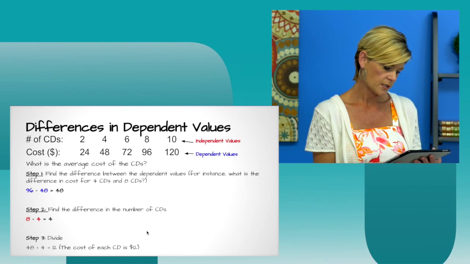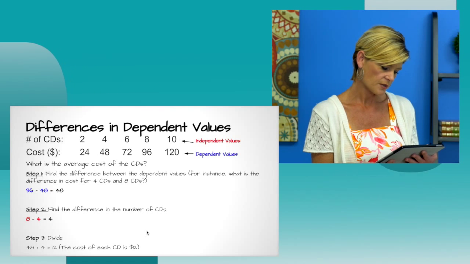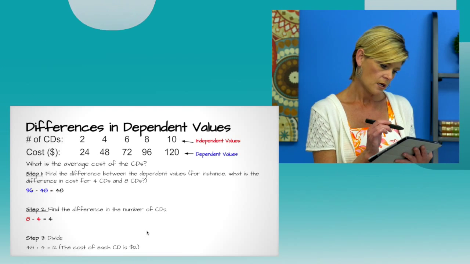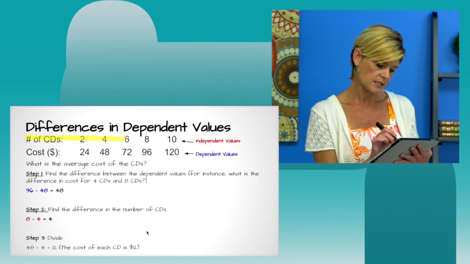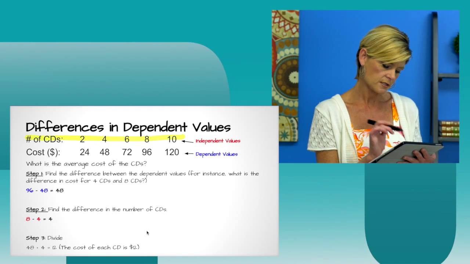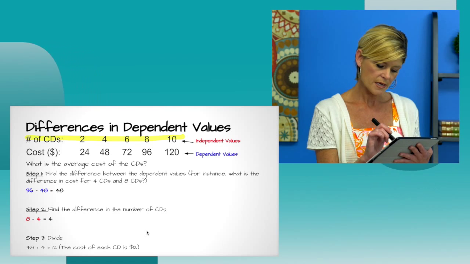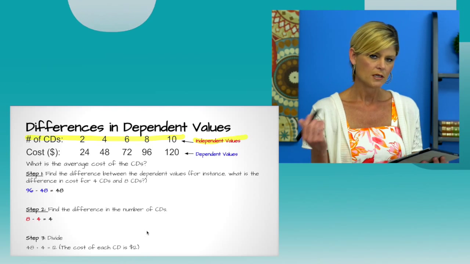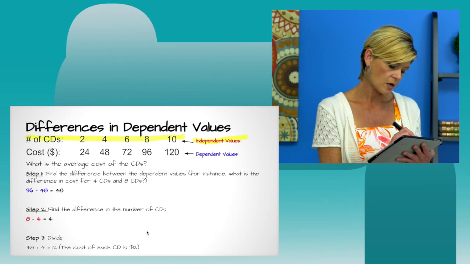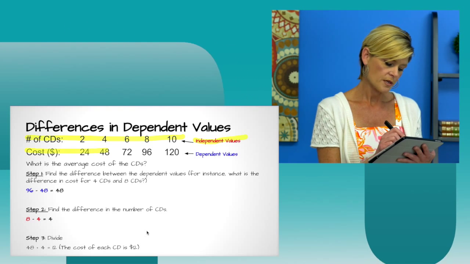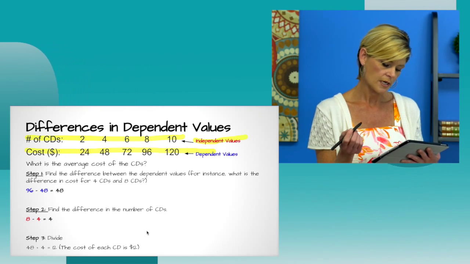This is titled Differences in Dependent Values of CDs and Their Costs. On the top row, I've got a list of a number of CDs: 2 CDs, 4 CDs, 6, and so on. These are my independent values, meaning that they don't change. Then on the second row, I've got the cost: 24, 48, 72, 96, and so on.